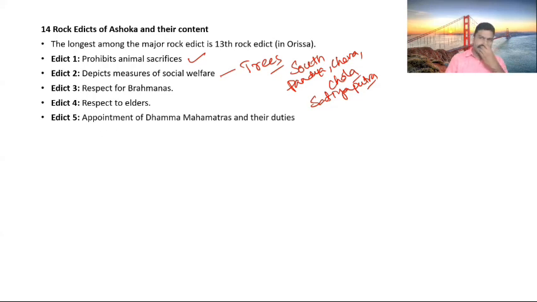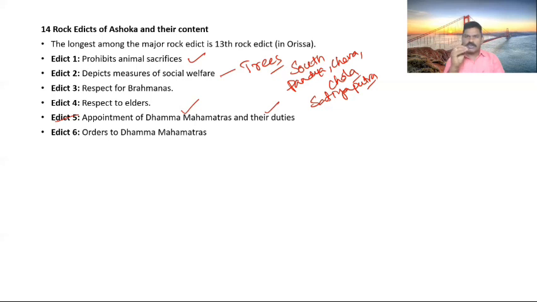In the fifth major edict, he appointed Dhamma Mahamatras to protect Dhamma, to continue Dhamma, and to propagate Dhamma. The fifth major edict speaks about the Dhamma Mahamatras and their duties.